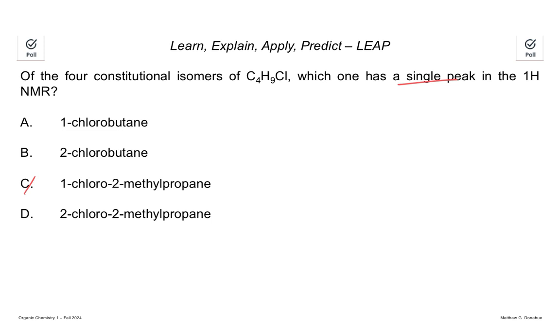And so that was answer D. Where you had the 3 methyl groups. So you have 1, 2, 3 methyl groups. They're all the same. There's a carbon. There's no hydrogen neighbors. So that signal remains a singlet.